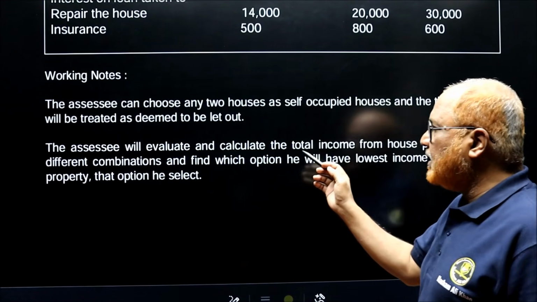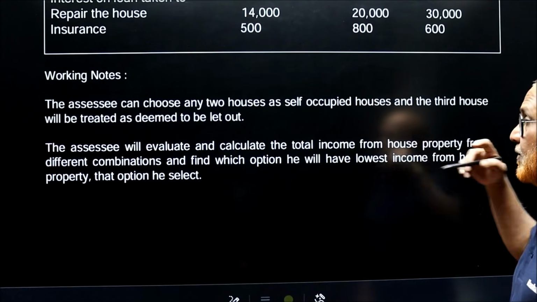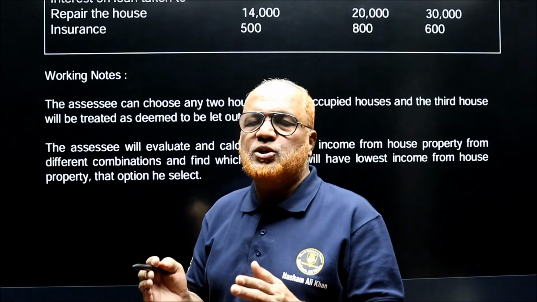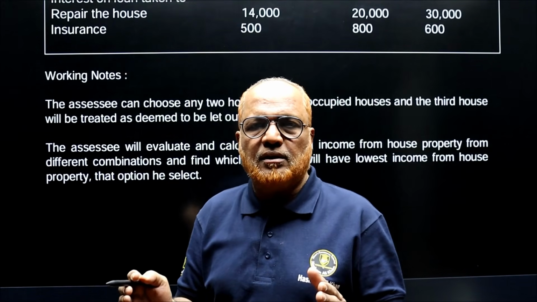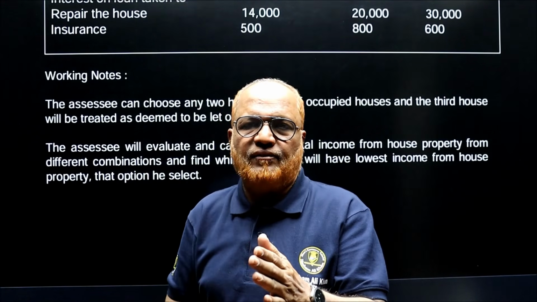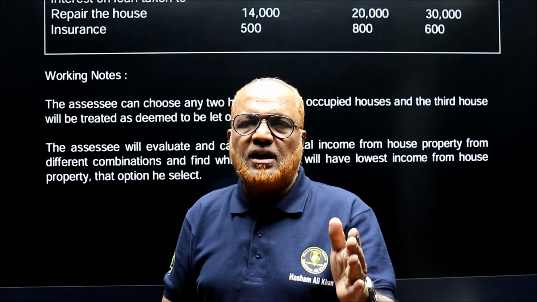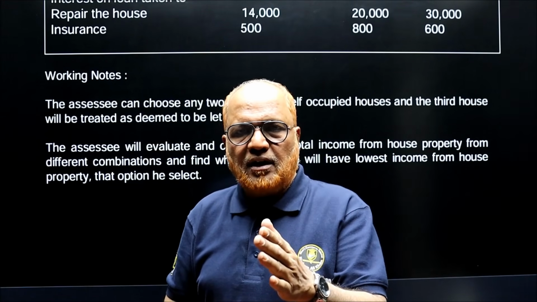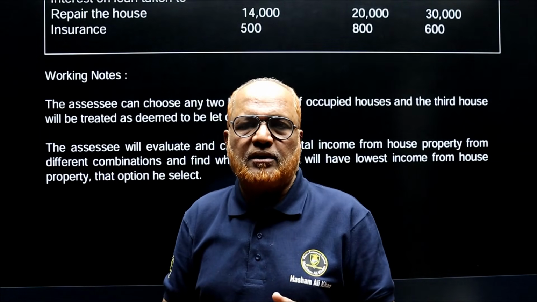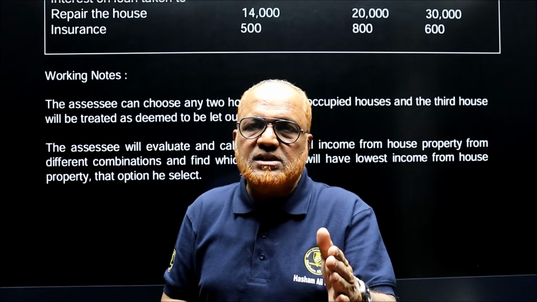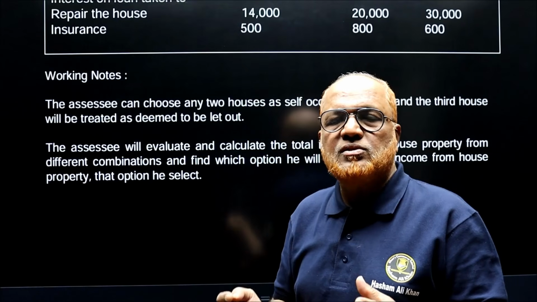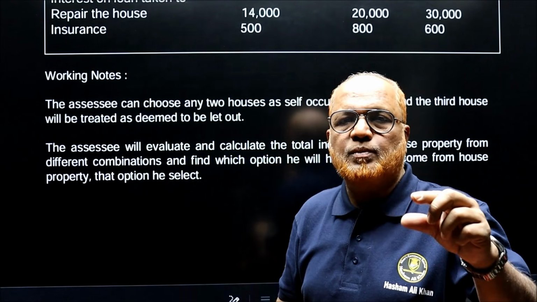He will evaluate and calculate the total income from the house property from different combinations. That means he will see which option is better. 3 different options are there. He can treat the first and second as self-occupied and third as let out. He can treat first as self-occupied and third as self-occupied, second as deemed to be let out. Third option is first is deemed to be let out, second and third is self-occupied. So different combinations we make and find out what is the income from house property.